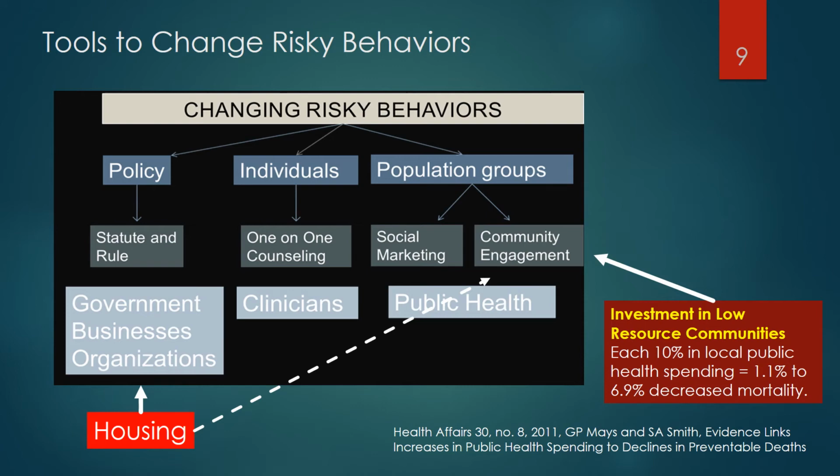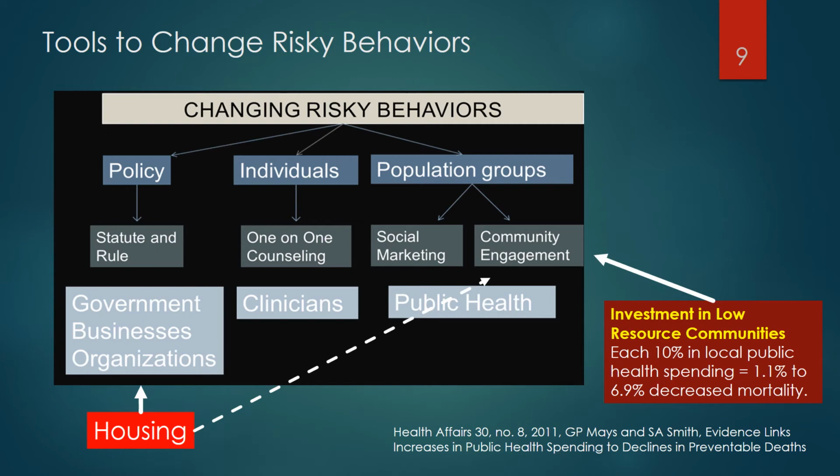Housing improvement relates to policy development by governments, business, and organizations. That policy needs to be supported and implemented by communities that are engaged by public health to own their problems and solutions.